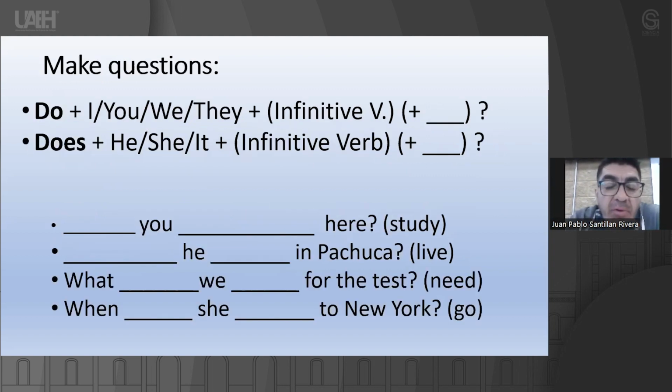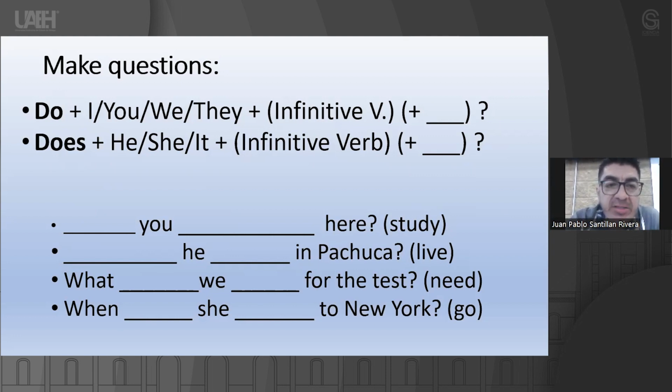What about if we want to make questions? Well, to make questions, again, the subject is very, very important, okay? In the question form, we use do with the subjects I, you, we, they, plus the infinitive verb base form, plus something, the complement, okay?